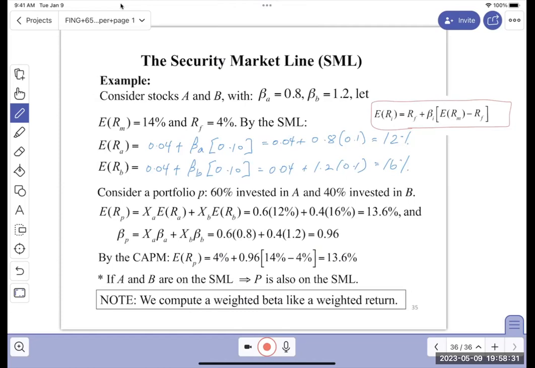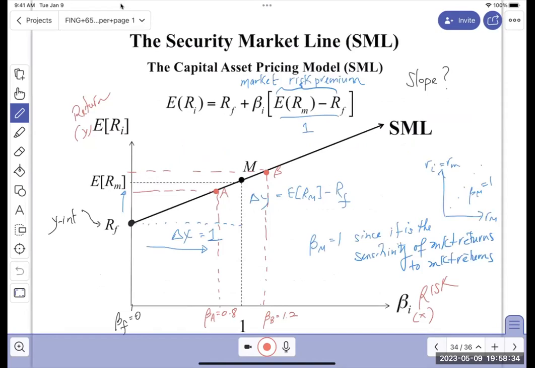So A is 12% and B is 16%. So I could actually mark them here. Where RF was 4, and ERM was 14.